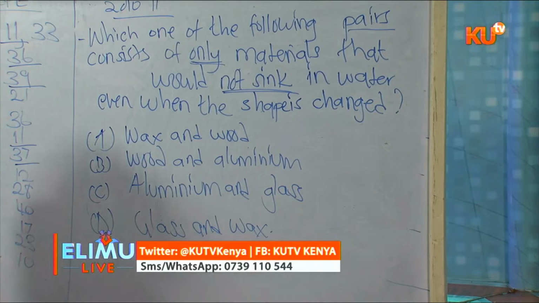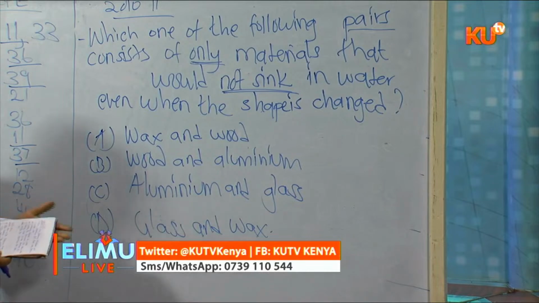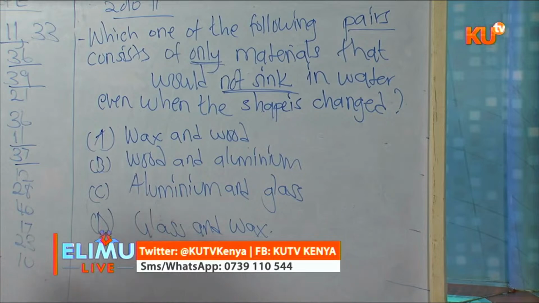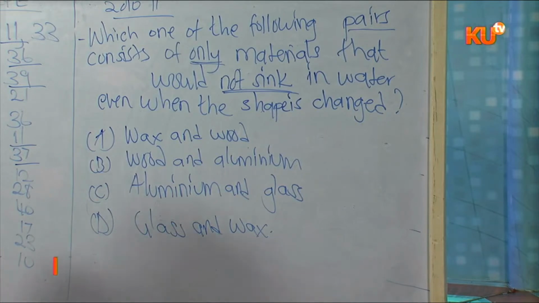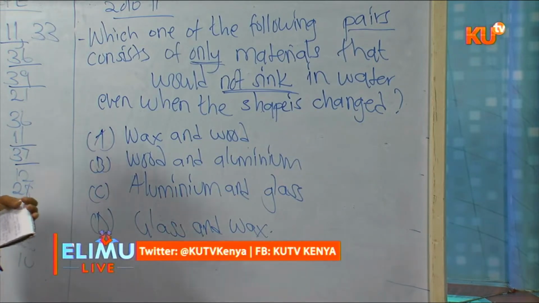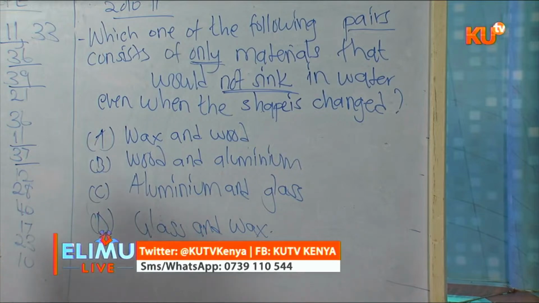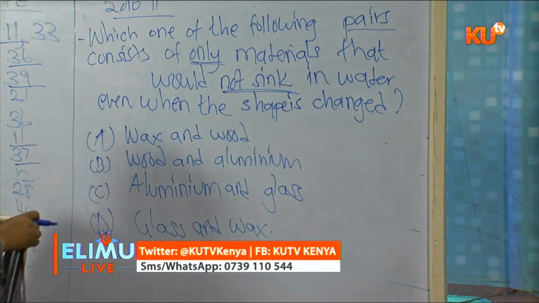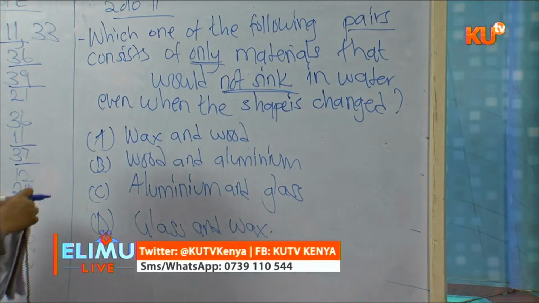Because of its shape, the glass that we usually use at home, maybe for drinking water, usually has a hollow shape, and this may confuse the learners because they think the hollow shape will make it float, and yet we also have other objects which are made of glass and they sink because glass is a material that sinks. It is a sinker.